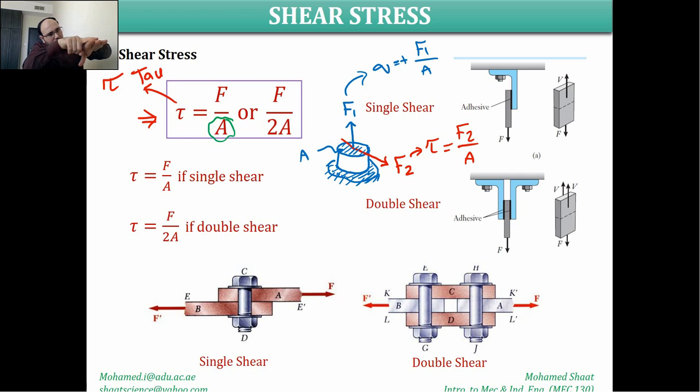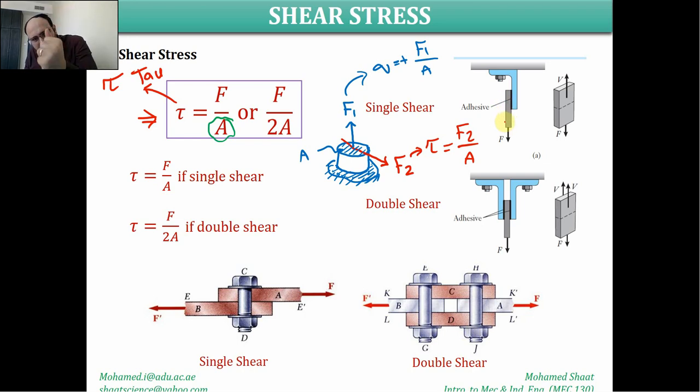The direction of the force should be coincident and parallel to the surface over which you're slicing the object. For example, in this case, you do have two pieces and they are already sticking together through this adhesive material or adhesion. And you are applying some force over this bar. So if this force is strong enough, this piece will be sliced down.